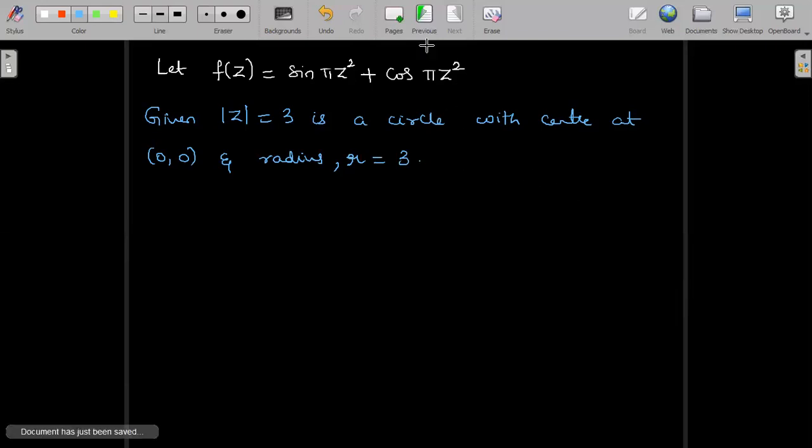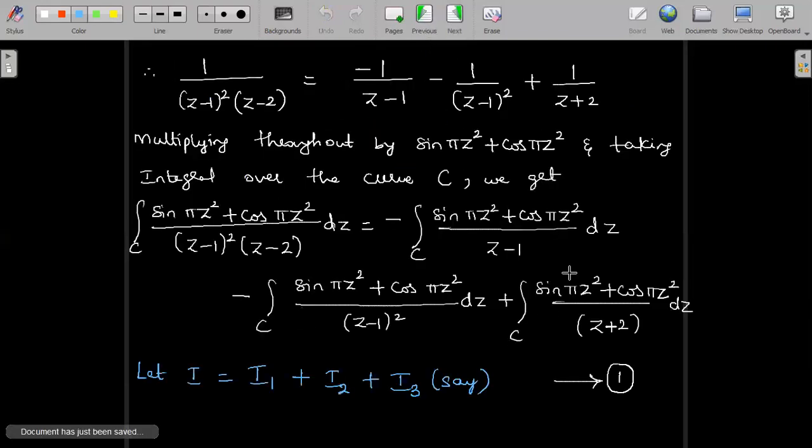Now, from the integrals I1, I2 and I3, let me write down the points P1, P2 and P3, so that we can say whether these points lie inside or outside the given circle. The point P1: z minus a is compared with z minus 1, so a is equal to 1, so 1, 0 is the point P1. P2 is also 1, 0. P3 is minus 2, 0, because this is compared with z minus a, so a is equal to minus 2.